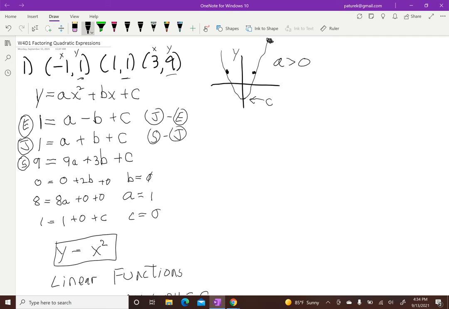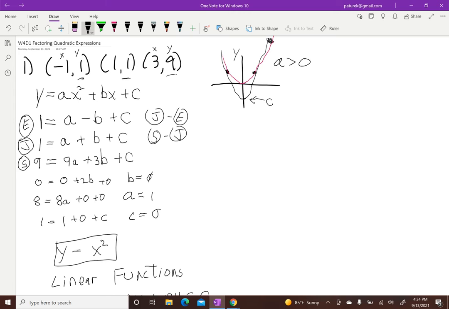And now that we've done this problem and solved it completely, the new improved sketch has a value of c equals 0. It's what we established by doing this algebra. So what we did is we wrote the equation of a line in standard form, ax squared plus bx plus c.